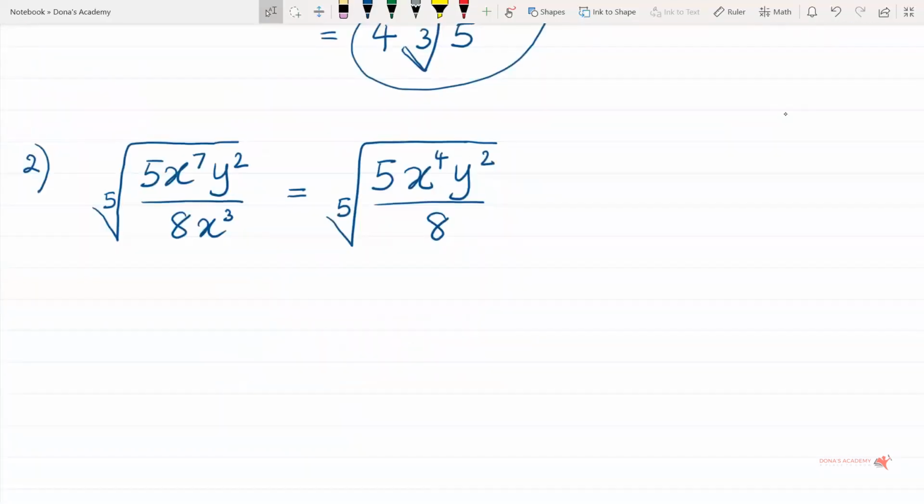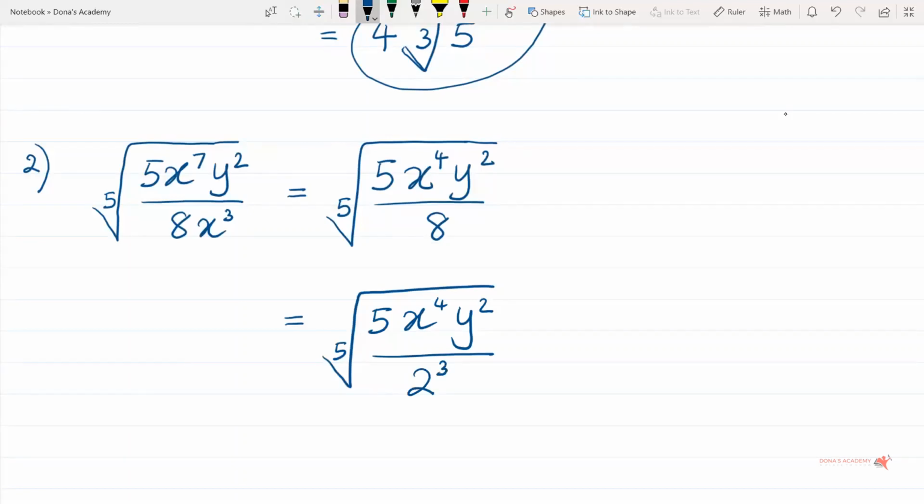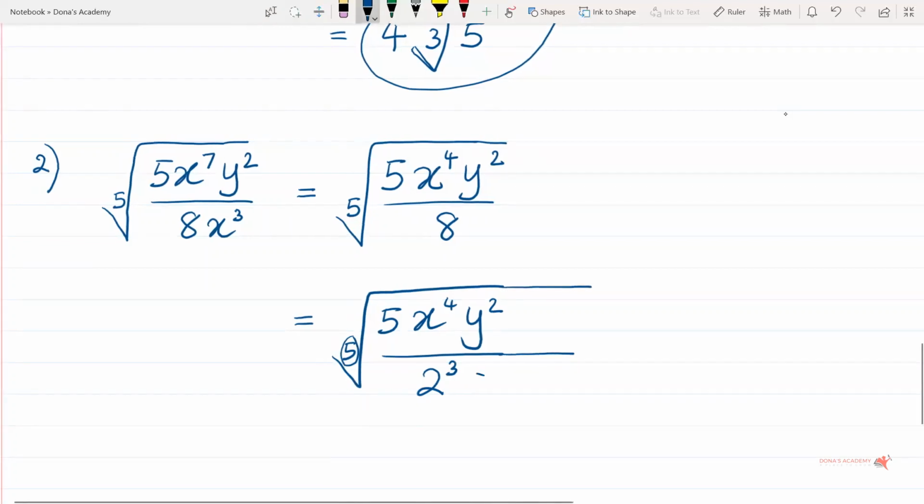To rationalize the denominator, what we can do is, now I can write 8 as 2 to the power 3, right? However, I see 5 here. Now what if I multiply both top and bottom of the radicand by 2 to the power 2?